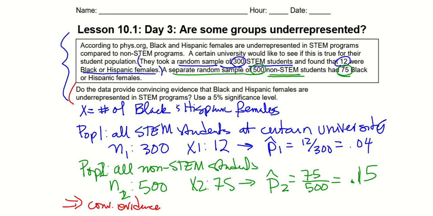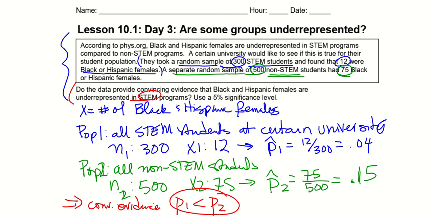And so what we're doing is comparing the proportion of Black or Hispanic people in STEM programs to those in non-STEM programs. So what we're really looking for is if there is convincing evidence that the true proportion of Black and Hispanic females from STEM programs is less than the proportion of Black and Hispanic females in non-STEM programs, right? So this is the key.